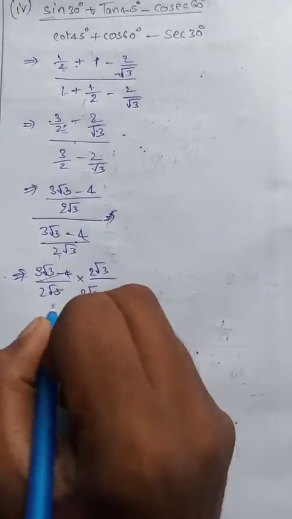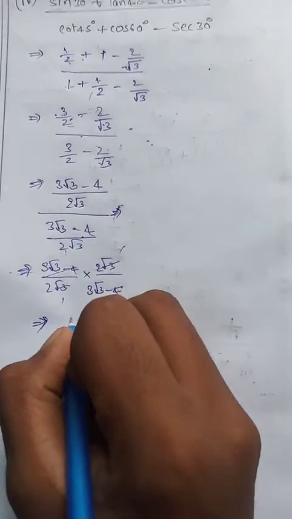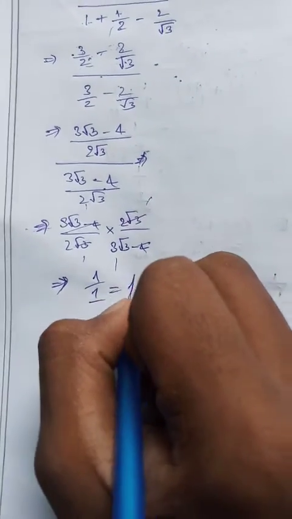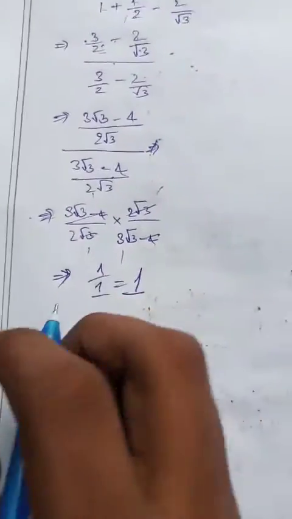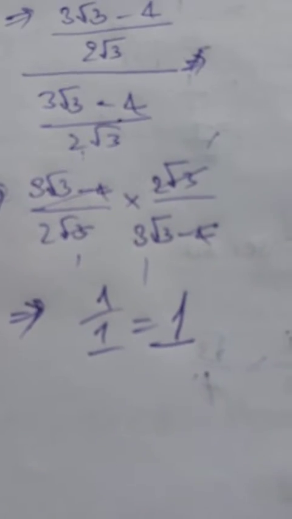They cancel, so the answer comes 1 by 1 equal to 1. 1 is the answer for this. Are you understood guys? See clearly once again.